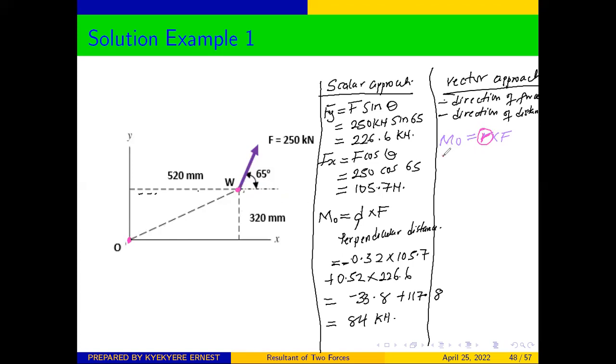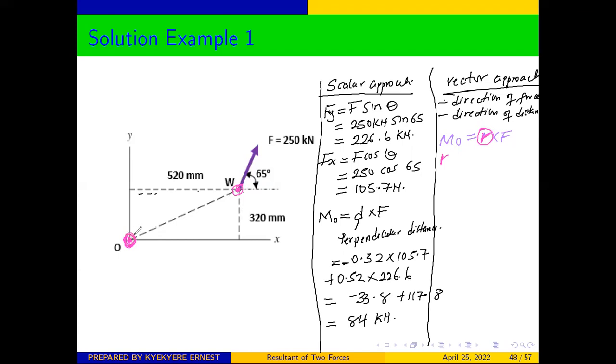So anytime you want to get the R, take note of this. You will start from where you are taking your moment to where the force is applied, not from where the force is applied to where we are taking our moment.